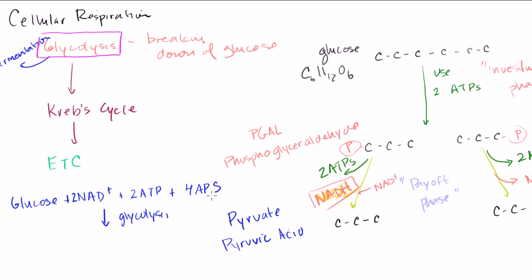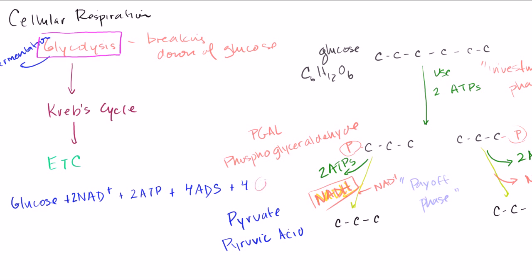And then after performing glycolysis, let me just rewrite that part right there. 4 ADPs. And then you maybe need 2 phosphate groups, because we're going to need 4 phosphate groups. Plus 4, I'll just call them, sometimes they're written like that, but maybe I'll write it like this. 4 phosphate groups.